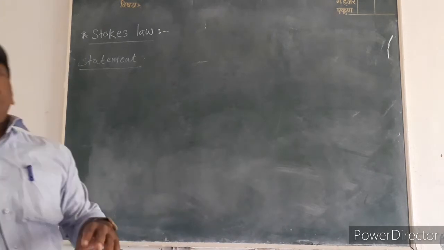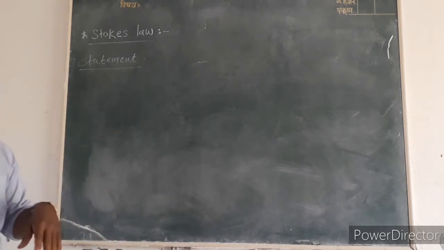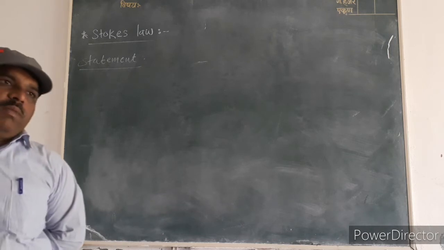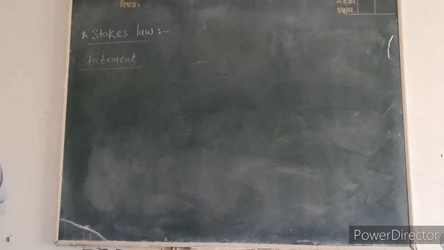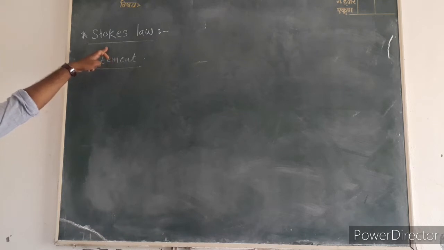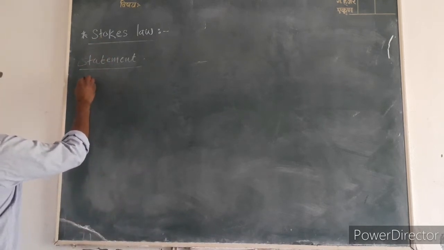There is a relation between the viscous force and the coefficient of viscosity, velocity of the given body, and radius of that spherical body, and this relation was given by the scientist Stokes, hence that law is called Stokes' Law.